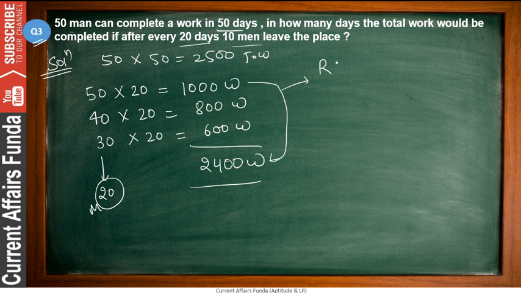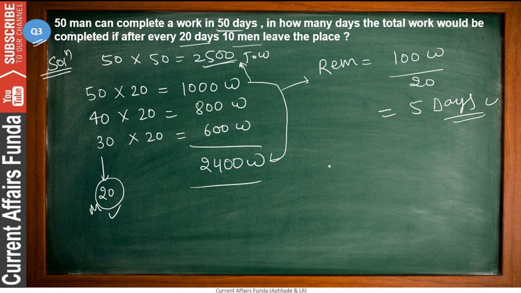Okay, so what is the remaining work here? Sorry, you take 2500 minus 2400, the remaining will be 100 work. Okay, so 100 work will be done by these 20 men, so they will take 5 days, because this will not be a fraction, it will be divided into complete days. Okay, so we can calculate the total.